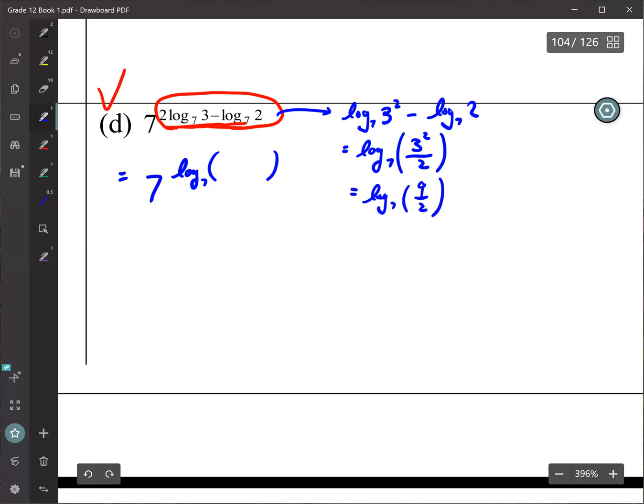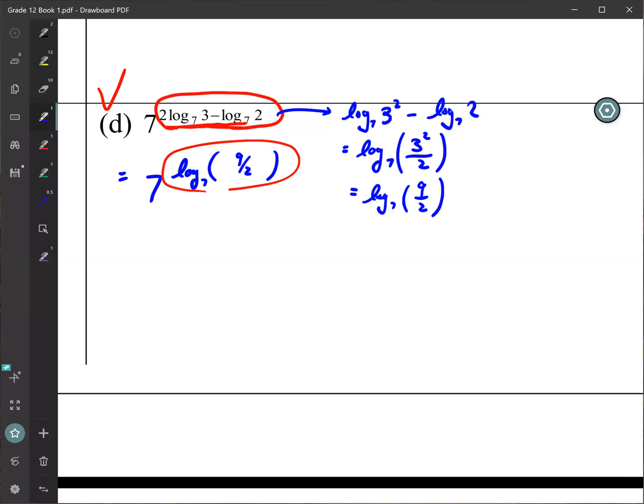Okay, so the whole exponent, the red part, is going to be log base 7 of 9 over 2 on the inside. Got it? Okay. So now it looks like rule number 5, right? You have the base of 7 and the exponent also has a base of 7, right? So your final answer should be what?